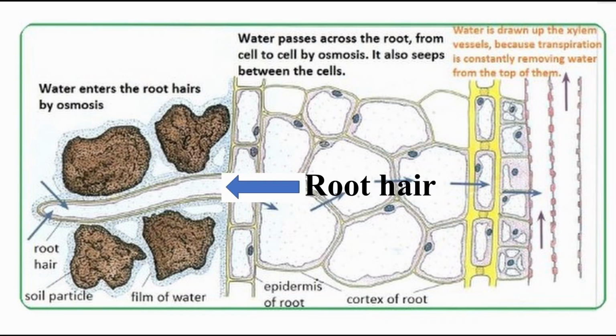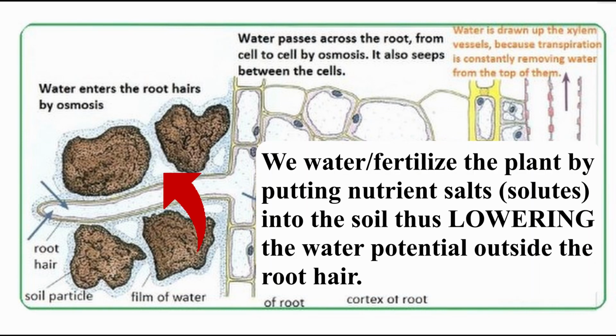If we look at a root hair and we have a grow medium, and we take this fertilizer, saturate our soil with the plant in it, when you think of how that fertilizer and that water is going to get into the soil, now we're putting in something that has a solute in it in the form of a fertilizer salt. So this has lower potential energy than the pure water.